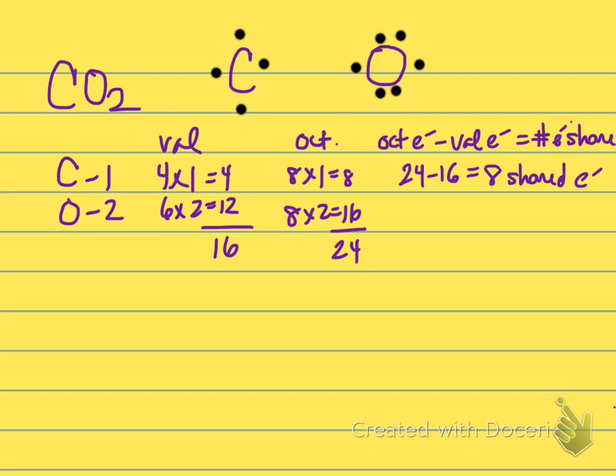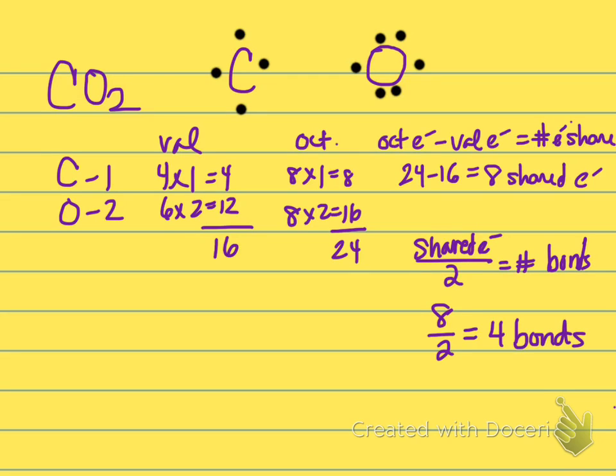Okay, we're going to share 8 electrons between these 3 atoms. Well, when I divide my number of shared electrons by 2, that gives me the number of bonds, which in this case is 4. That's weird. So I'm going to go ahead and calculate my unshared electrons too while I'm at it. And that tells me that with the 16 valence electrons that these atoms bring in and the 8 they're sharing, there will be 8 valence electrons which are not shared in any way.